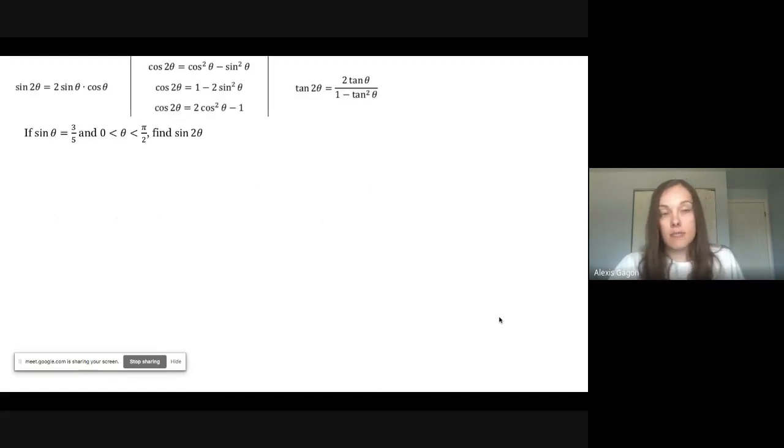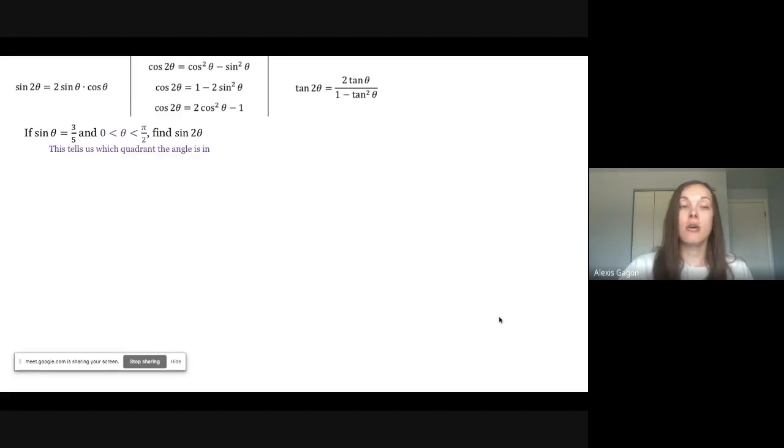So here, this is what your questions will kind of look like. If sine theta equals 3/5 and theta is between 0 and pi halves, we want to find sine of 2 theta. Well, this part right here, 0 to pi halves, tells us which quadrant the angle's in.